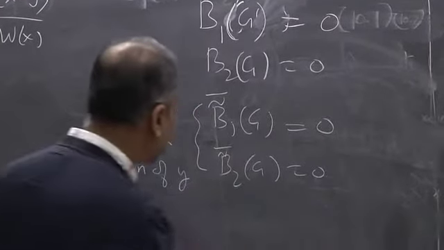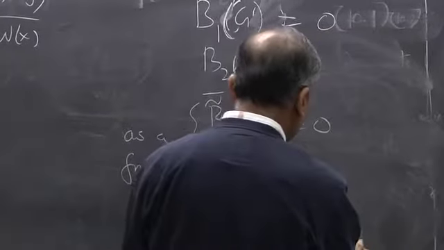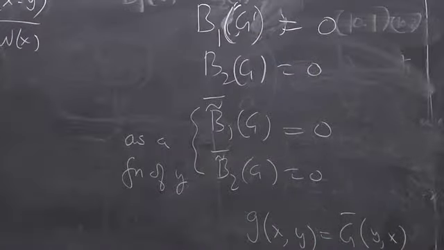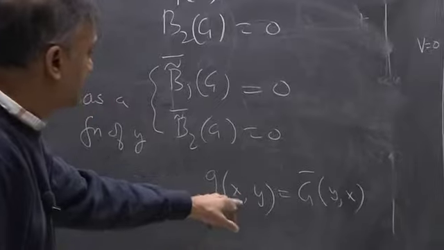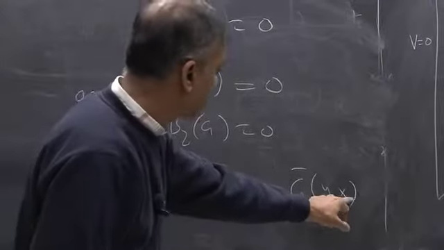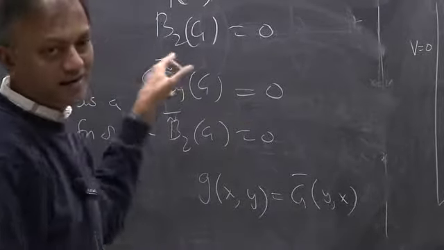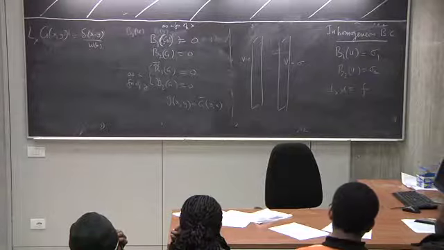This is because the adjoint Green's function G bar of x,y is the same as G of y,x, right? For this reason, it satisfies the adjoint boundary conditions for the second argument. So for the second argument, capital G satisfies the complex conjugate adjoint conditions.